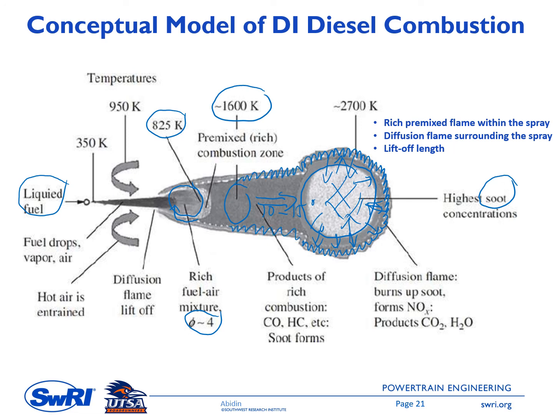So you can see in here there will be a rich premix flame within the spray, and then it will be followed by a diffusion flame surrounding the spray. This one.